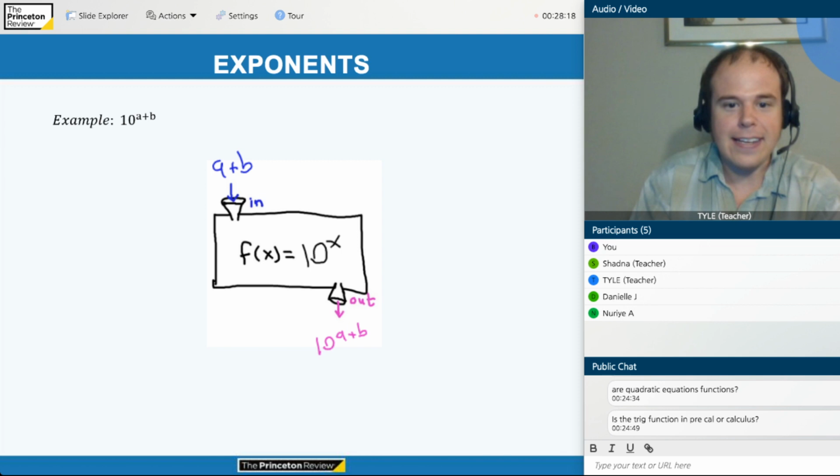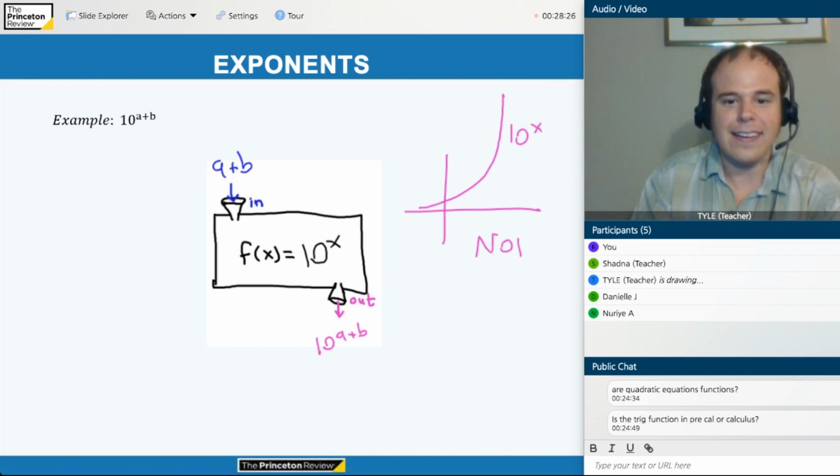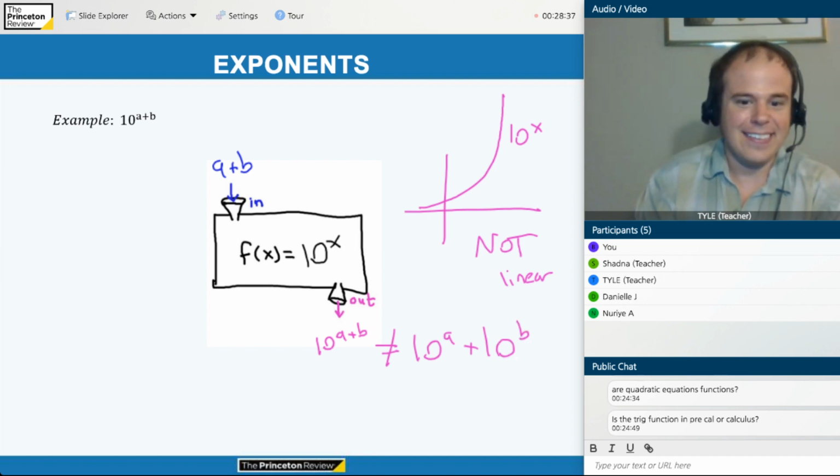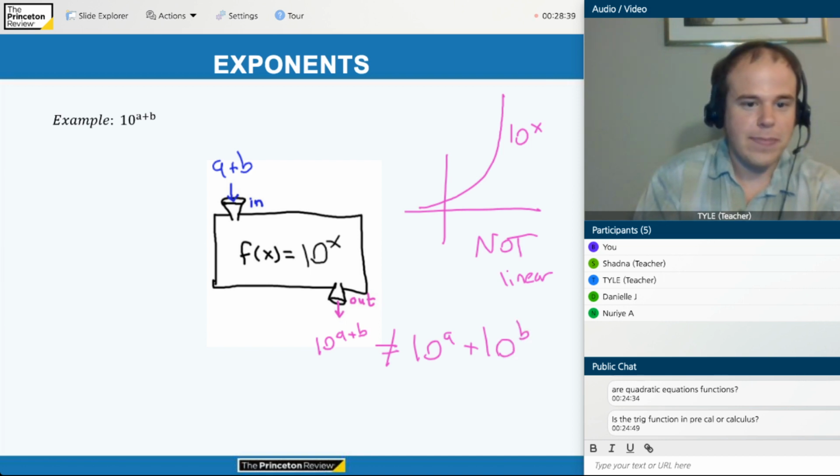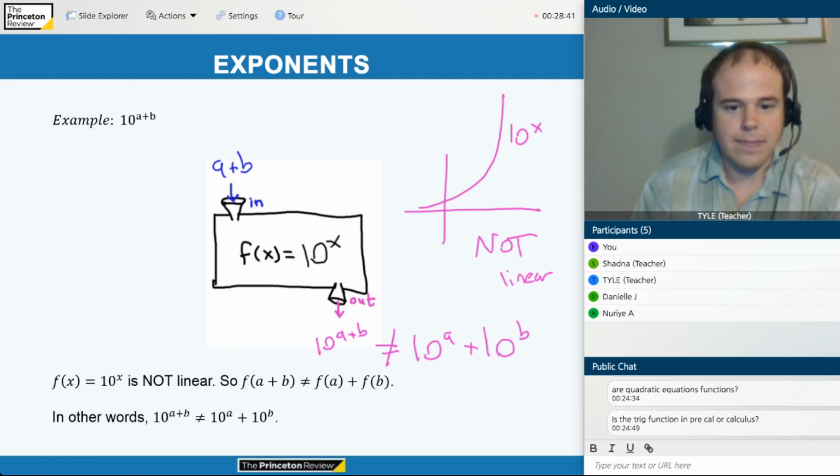Is 10 to the x a linear function? Well, what does 10 to the x look like? Something like this. Not linear. So 10 to the a plus b does not equal 10 to the a plus 10 to the b. Can't do it because this is not a linear function.